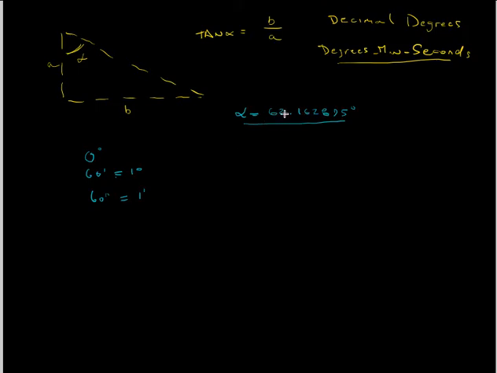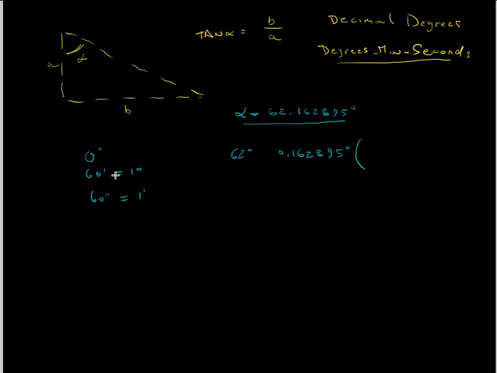So if we break this up, we have our degrees already. It's 62 degrees, and then we have this leftover 0.162895. That's in degrees, so we want to get this to minutes. How can we convert this to minutes?